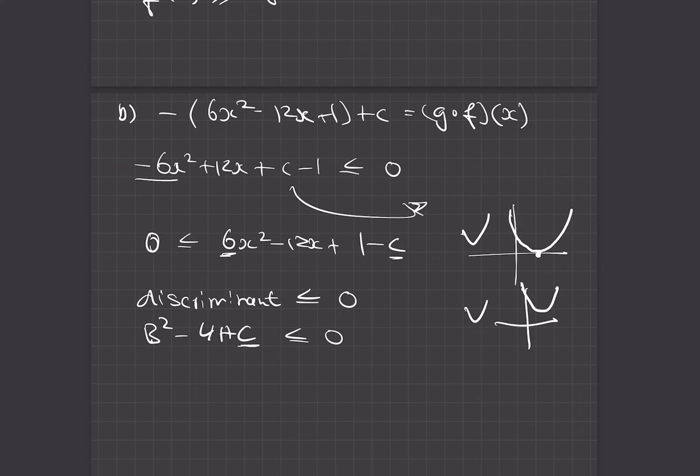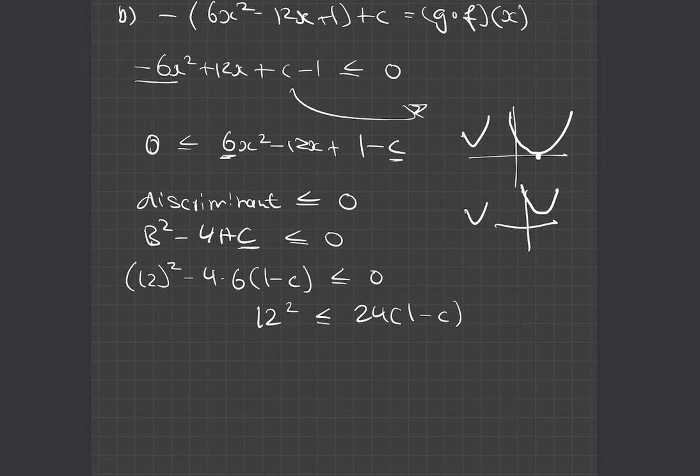What's the coefficient of the b term? That is 12, so 12 squared minus 4 times A is 6, and C is 1 minus c, less than or equal to 0. So then 12 squared is less than or equal to, I'm just moving this over, 24 times 1 minus c. Now, this is a Paper 1 question, so no calculators allowed, and you don't even need a calculator because 12 squared is just 12 times 12, less than or equal to 12 times 2, right?